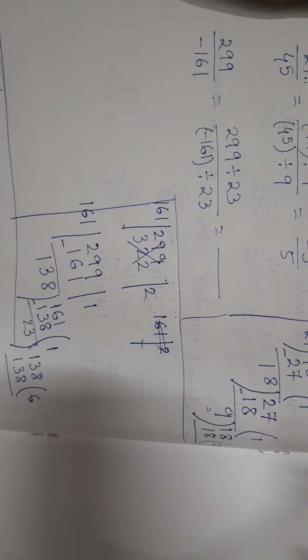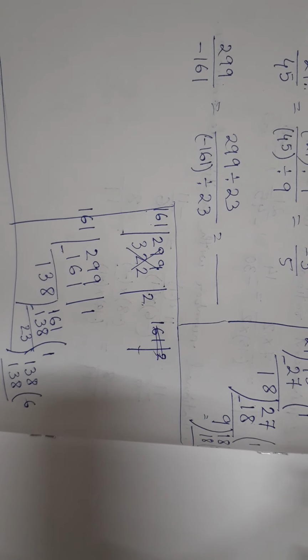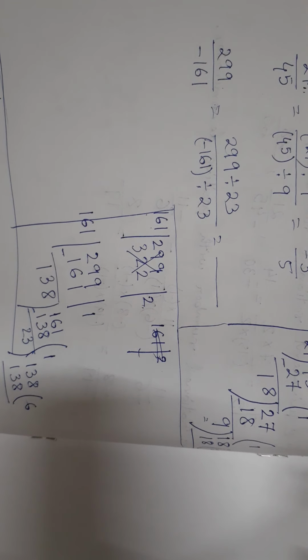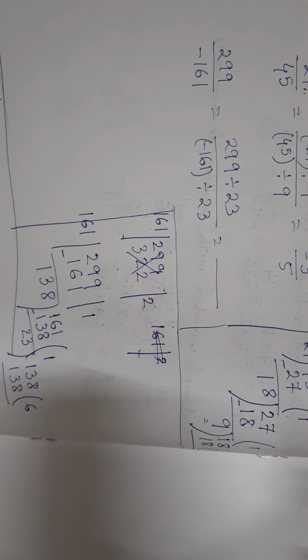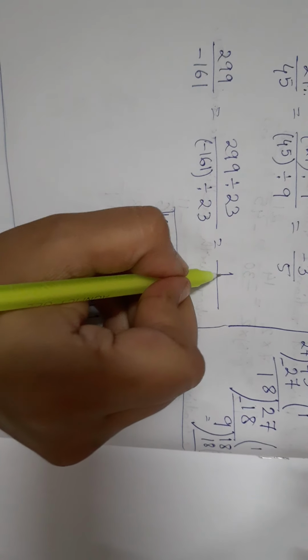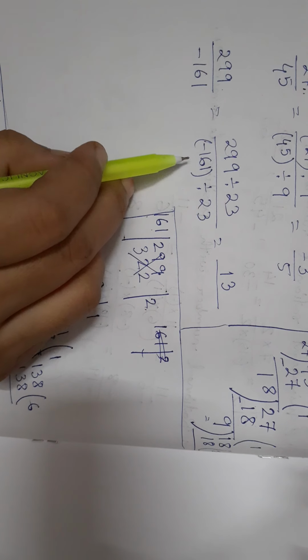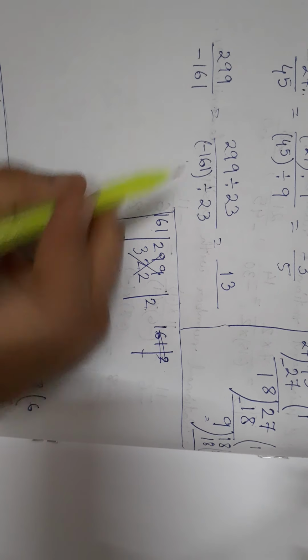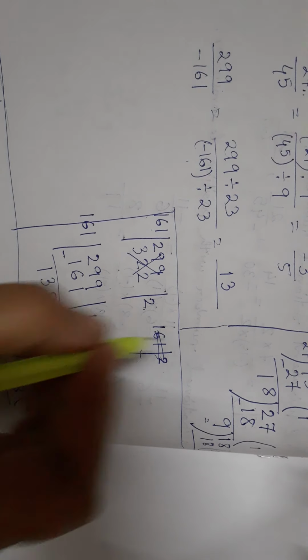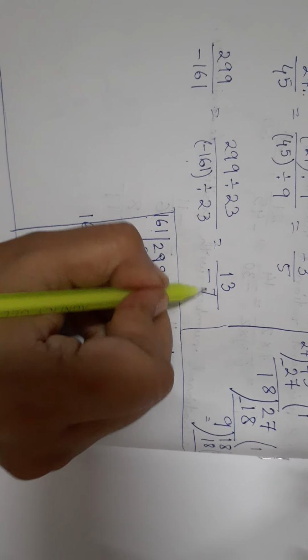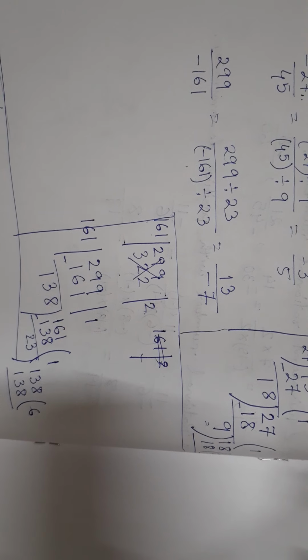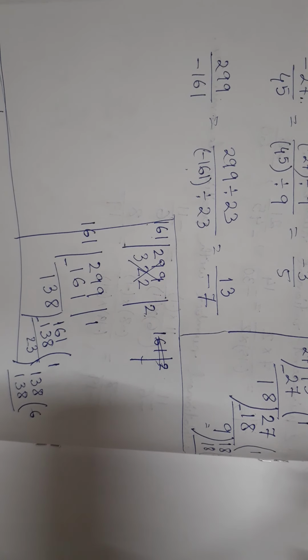When you divide 161 by 23, you get its denominator. So when we divide 299 by 23, we get 13, and when you divide minus 161 by 23, we get minus 7. So here 13 by minus 7 is the standard form.